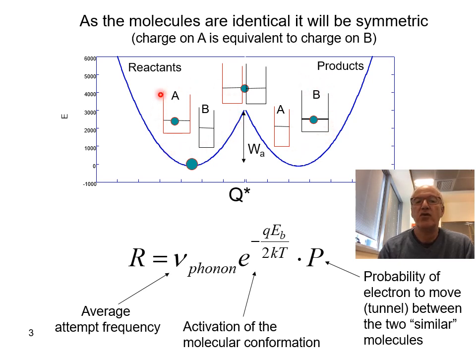And the two of them form what we call reactants and products, following the notions used in chemistry. And we said that in this picture we can visualize the attempt frequency. So the molecule is bringing the charge to a position where it can transfer, but it takes several attempts until the probability takes over and it moves to the other side. Of course, everything's symmetric, so it can move back later on.